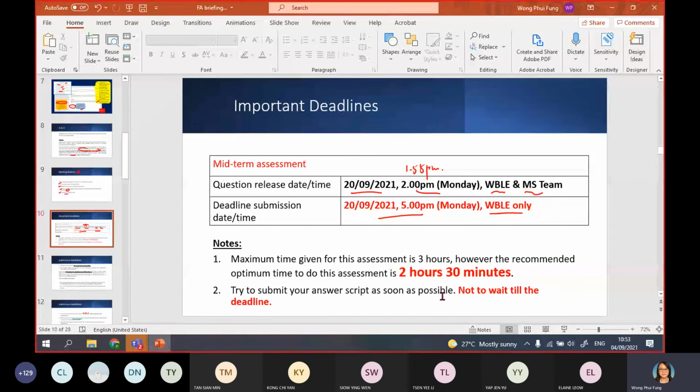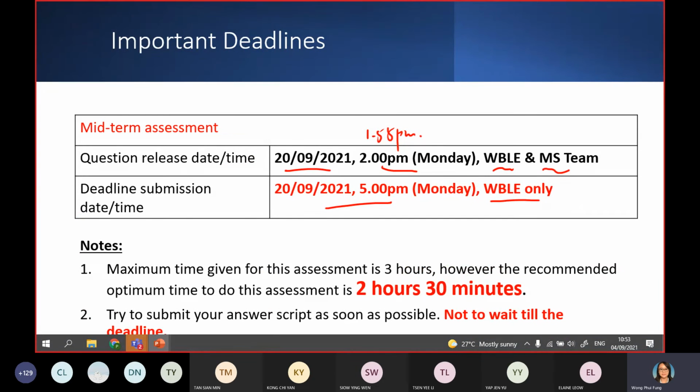Okay, so maximum time given is 3 hours, but I would just recommend you to complete your answer within 2 hours and 30 minutes. Don't have a habit until almost 3 hours, then you want to submit. Then after that, my messages start to pop out a lot. Miss, Babbler is slow.